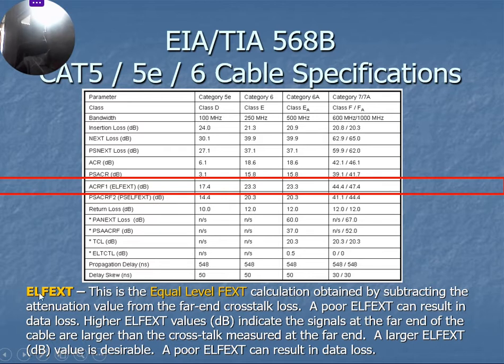But if you have a poor value, it shows that there is no good transmission happening in the cable. Okay, a larger ELFEXT is desirable. Of course, a poor ELFEXT can result in data loss. Now let's go to the next one.